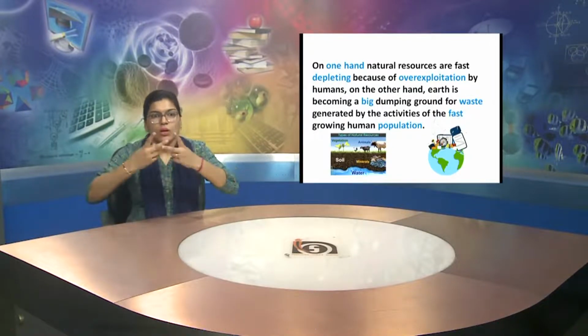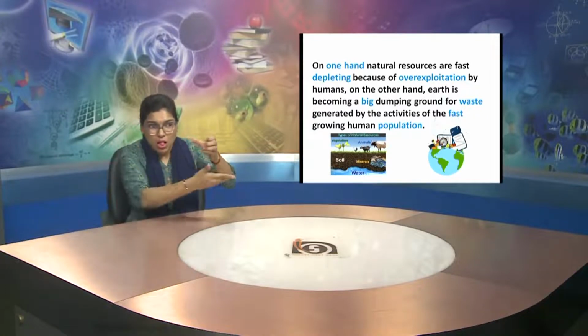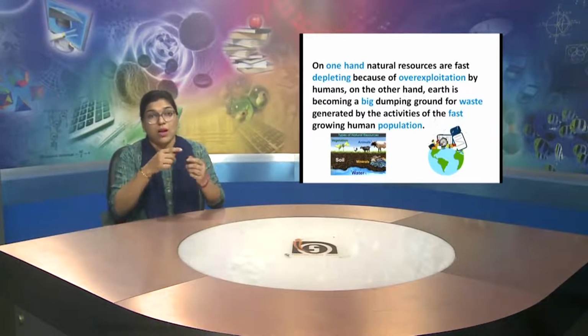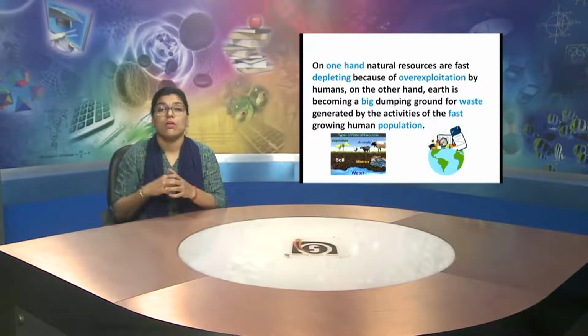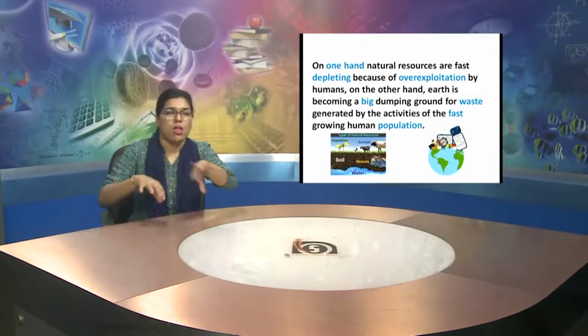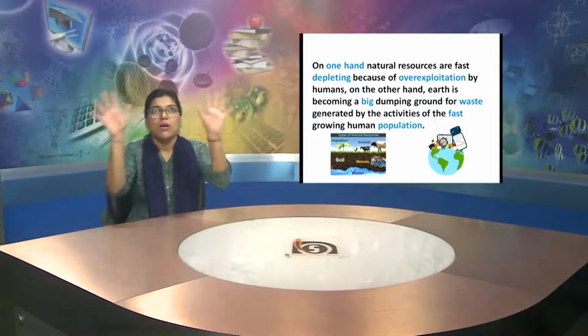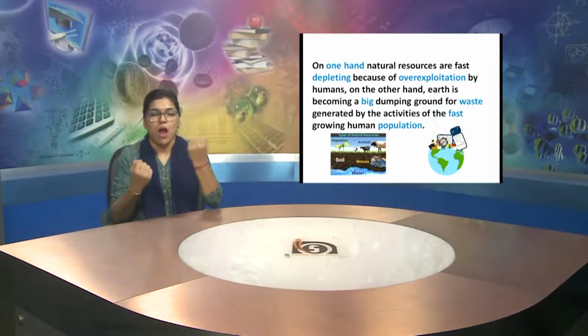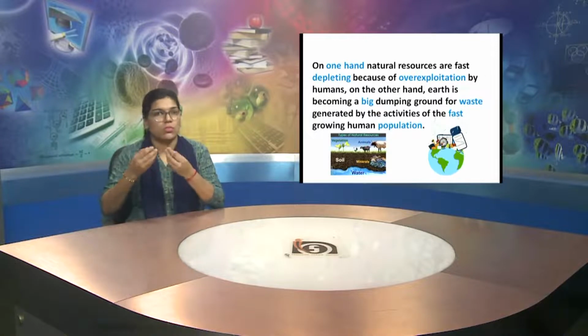And the other view is that our earth is becoming a big dumping ground for the waste material which is generated by the activities of the fast growing human population.